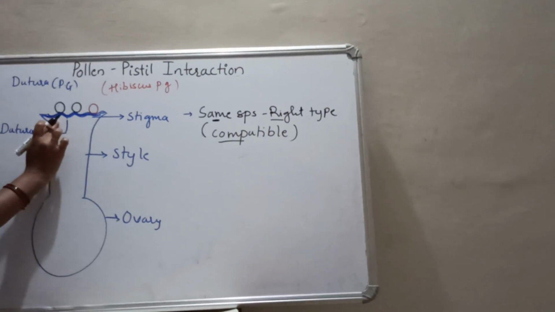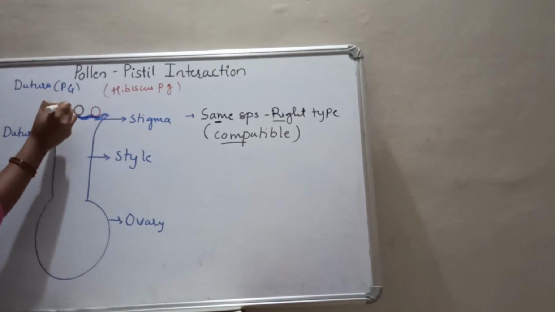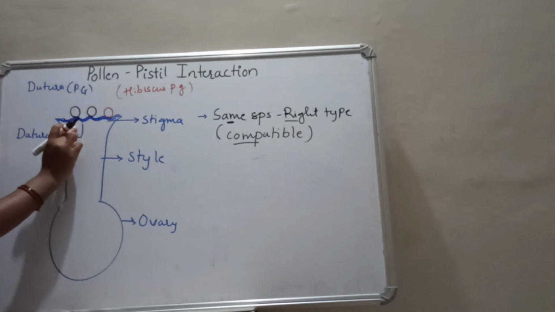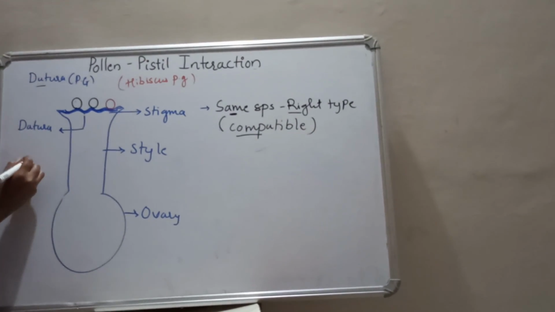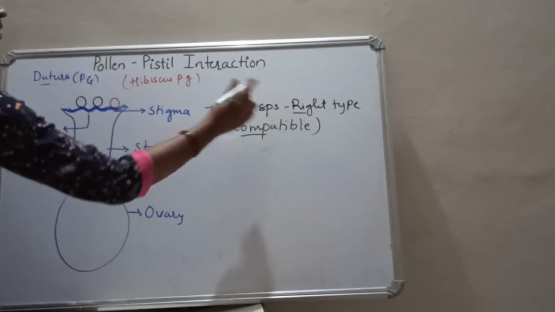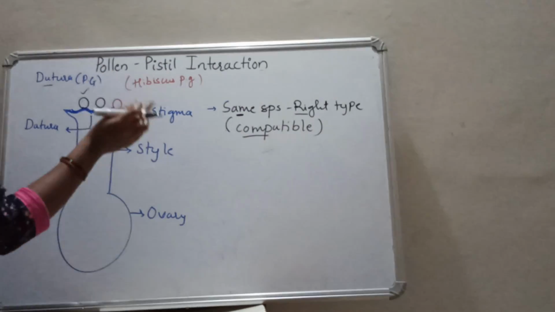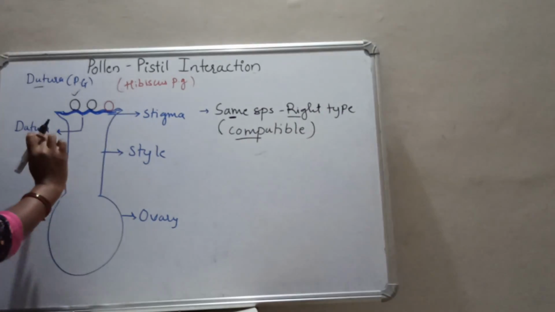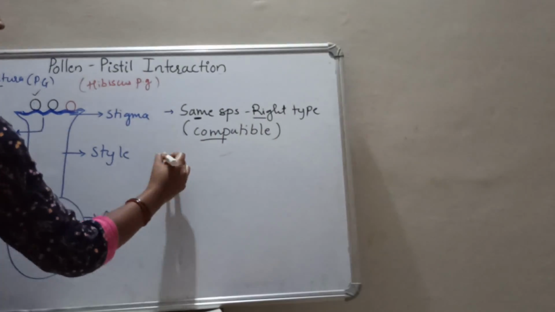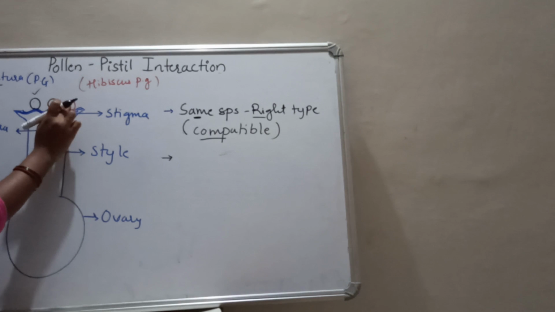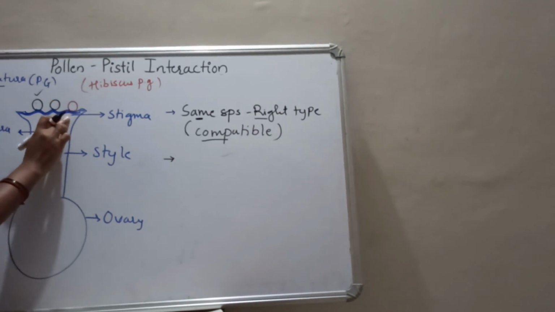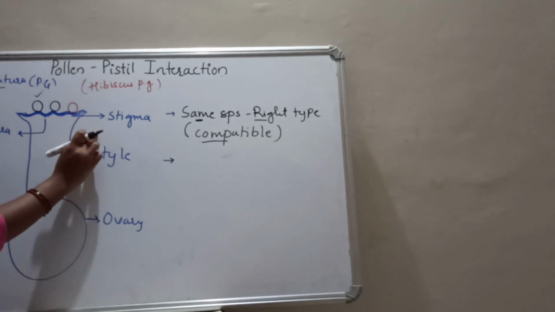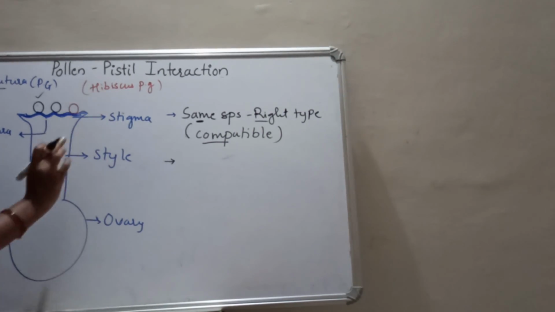Here the Datura pollen grain comes and falls on the Datura stigma. It means it is the same type and the right type of pollen grain. It is considered a compatible pollen grain. Then the other one, a hibiscus pollen grain, falls on the stigma. It is a different type because Datura is a different plant and hibiscus is a different plant.